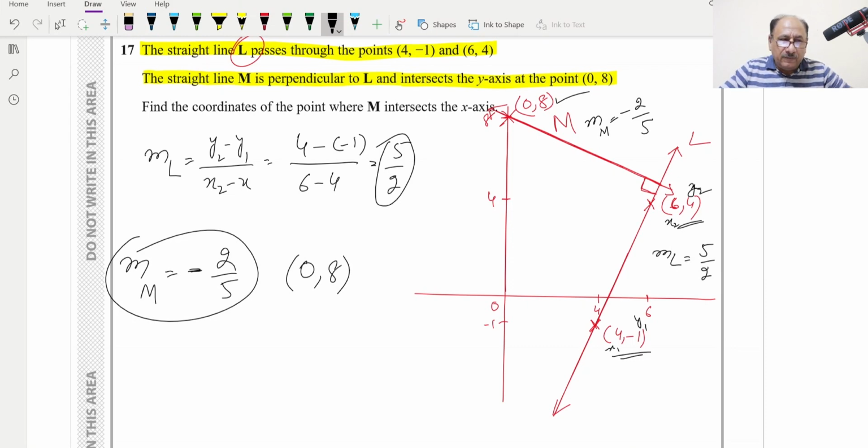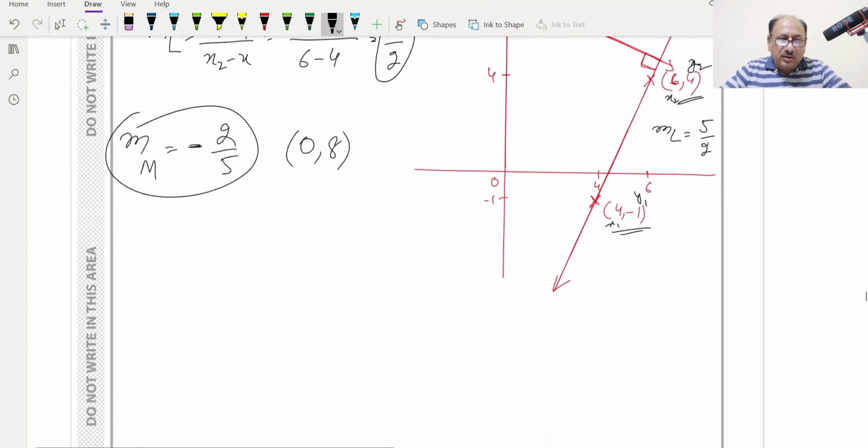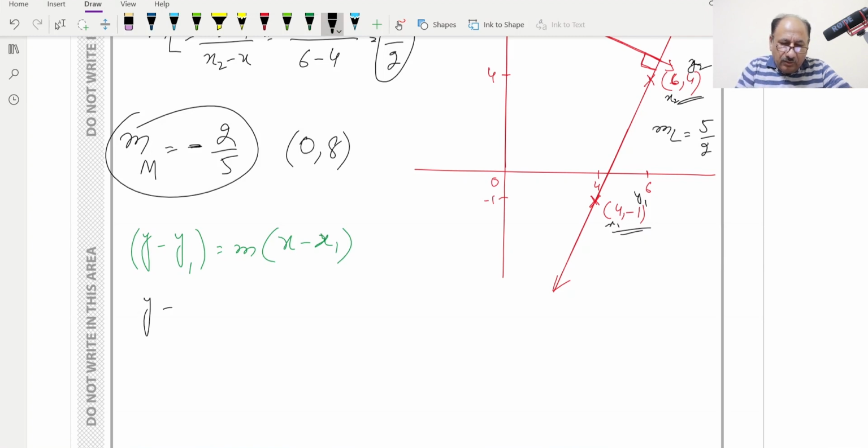We will be writing the equation of line in point slope form, which is y minus y1 is equal to m into x minus x1. We will be replacing in this and we will get the answer. So y minus y1, which is 8, is equal to m, which is minus 2 by 5, into x minus x1, which is 0.